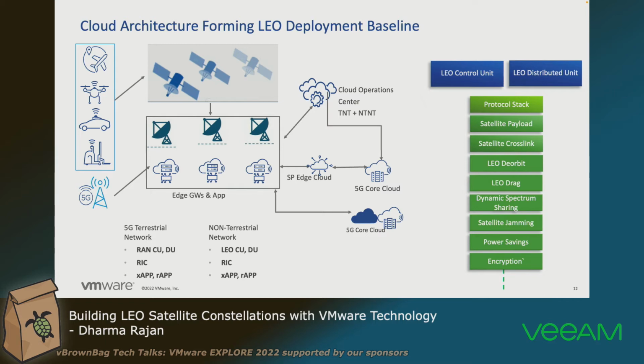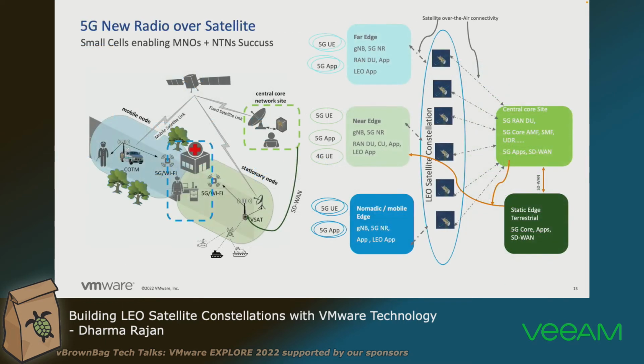Now, it becomes pretty complex as you look into the overall architecture here. This is a complete architecture where you see both a terrestrial and a non-terrestrial network together. If you look at the edge, there are different types of edges that come into play. There could be a far edge, a near edge, or a nomadic or mobile edge.